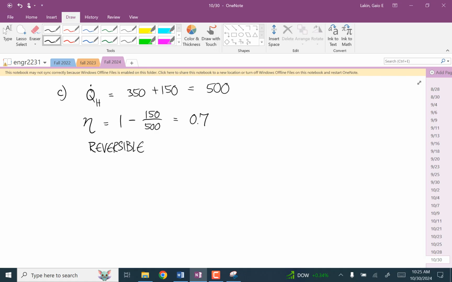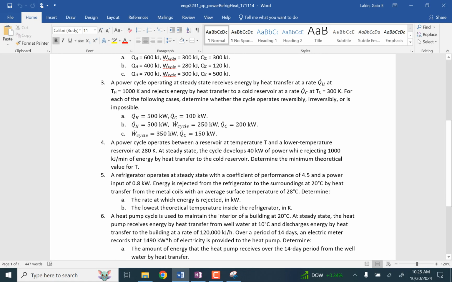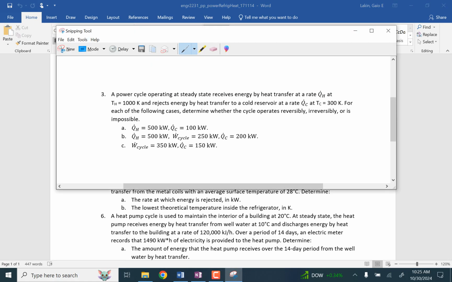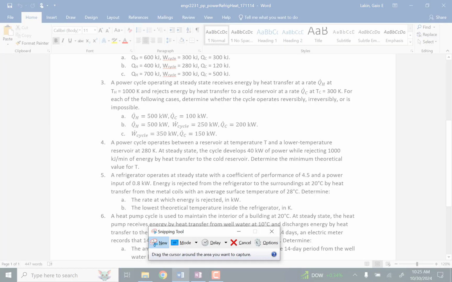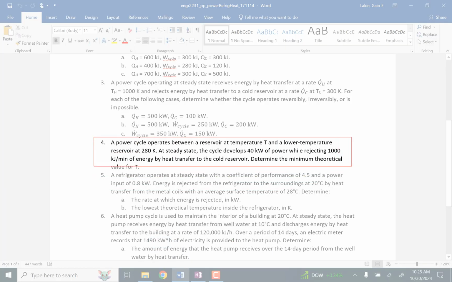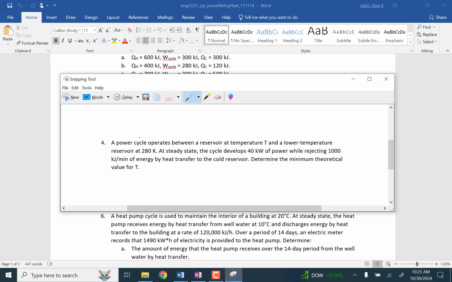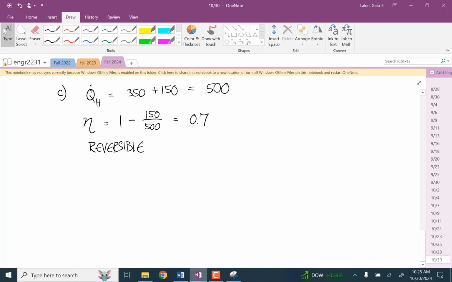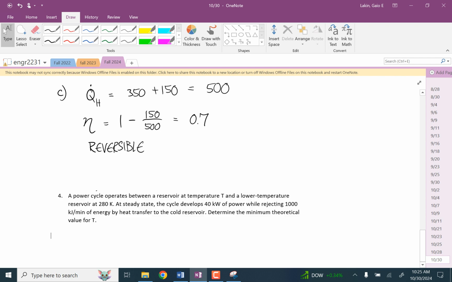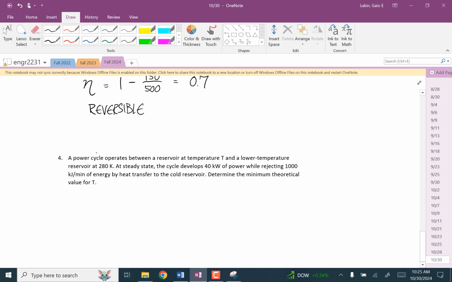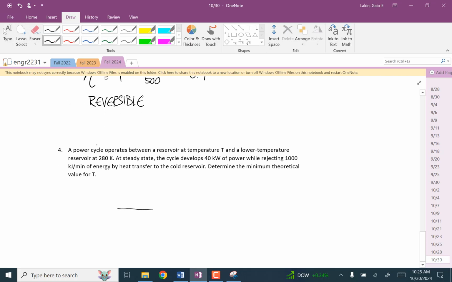And then for number 4, we don't know the temperature at the boiler.